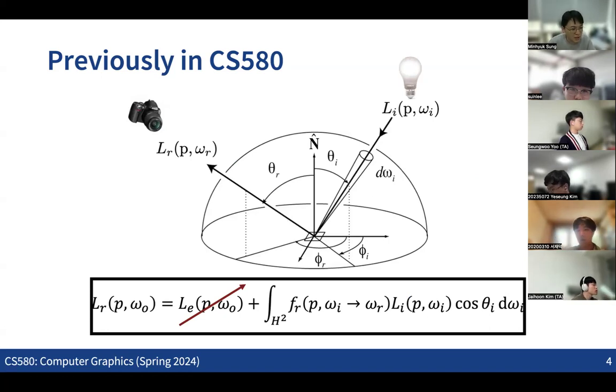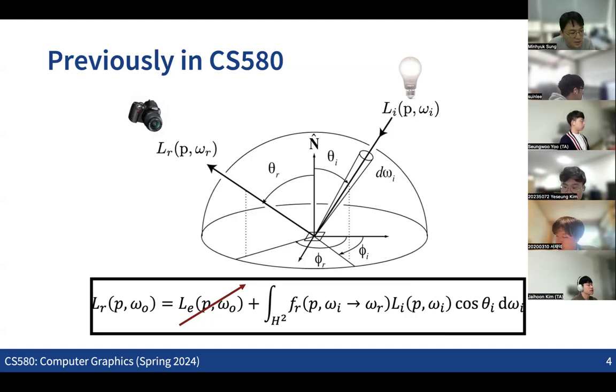The formulation is designed as the sum of the emission of light from the point where we are calculating the reflection, and also integrating all the incoming radiance from all directions, then computing the reflection using our given BRDF function, and taking the integral of that. So that becomes the outgoing radiance that we are calculating.